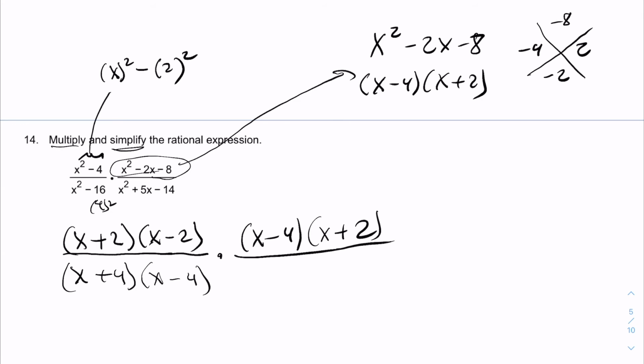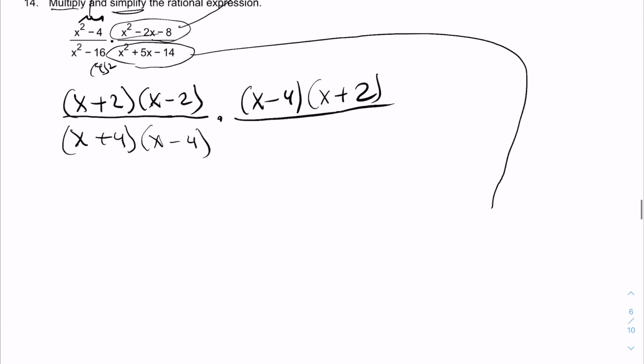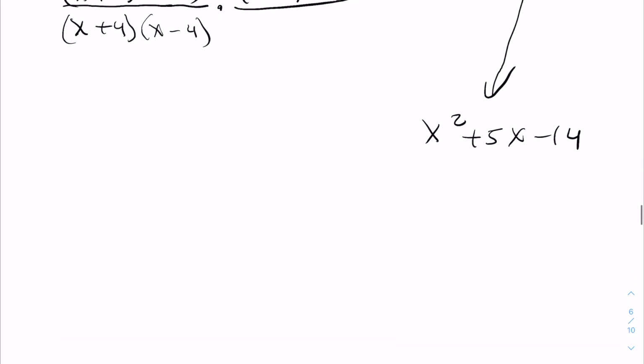And then finally, this one right here, we're also fairly happy about that, because the leading coefficient, once again, is just a 1, just like the last one. So it's x squared plus 5x minus 14, which means it's of the easier type. What multiplies to negative 14 and adds to 5?